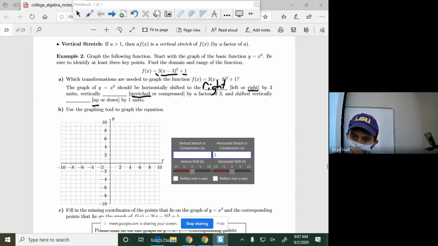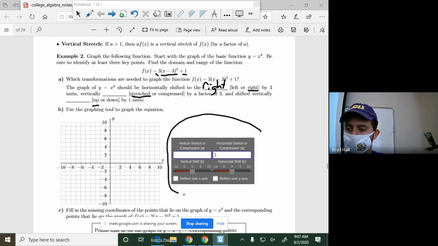Part B says use the graphing tool to graph the equation. So the graphing tool, I have it here because I wanted to explain how it works. It simplifies this whole process big time. The first thing you would have to do to even get to this point is you would have to pick the shape.